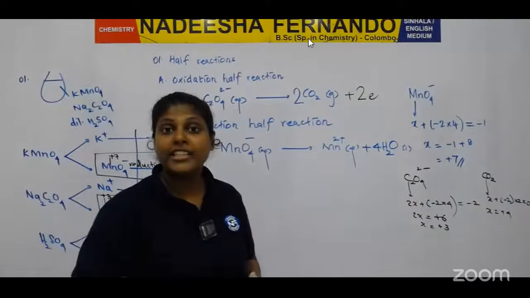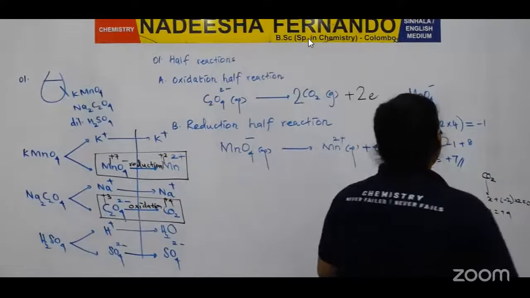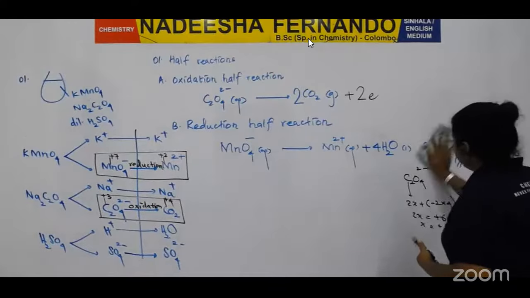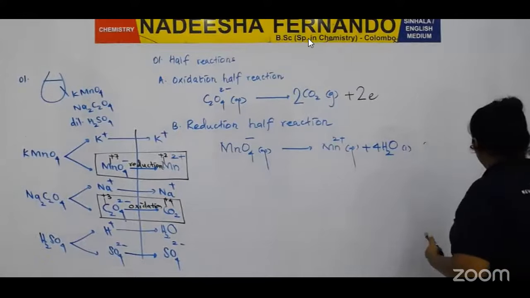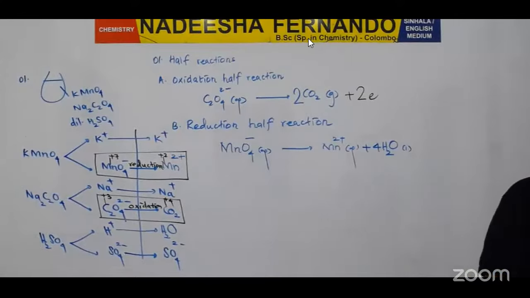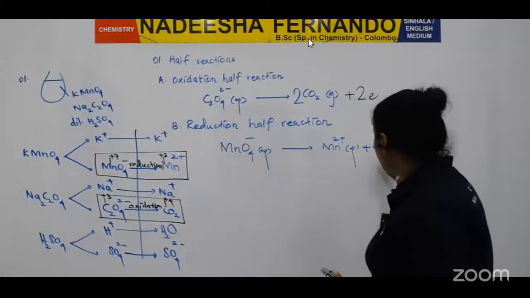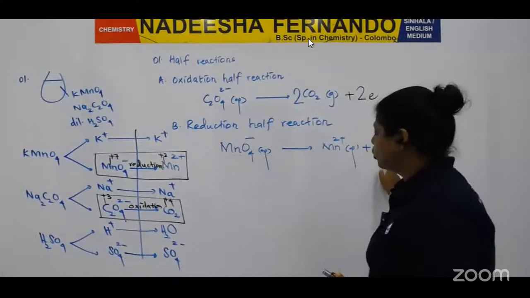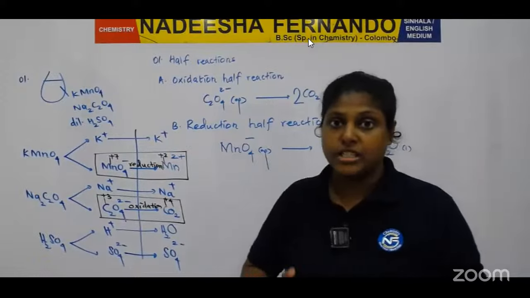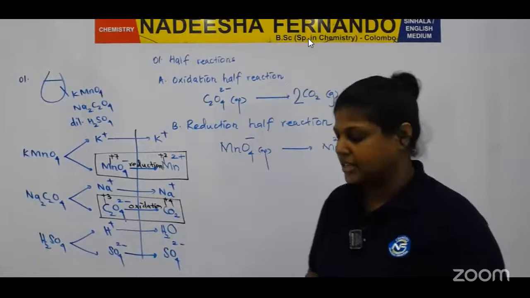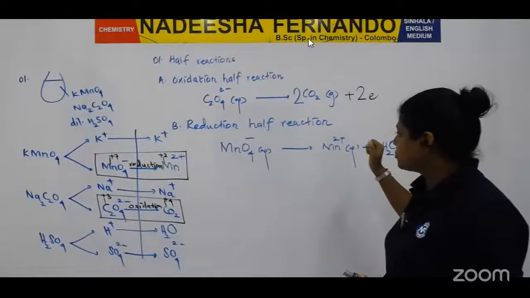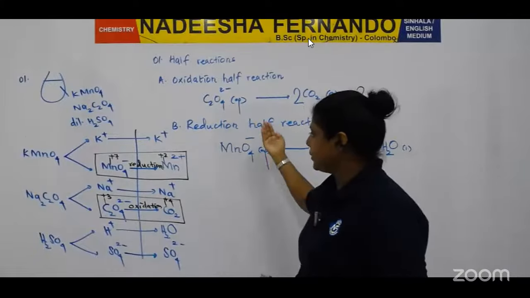With the 4 H2O, now we have added H pluses. How many H pluses? Same manganese, same oxygen, but 4 into 2, 8 H plus. Here we have 8 H plus, here we have no H pluses.